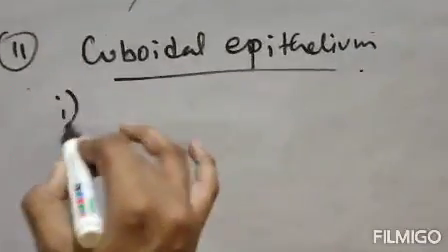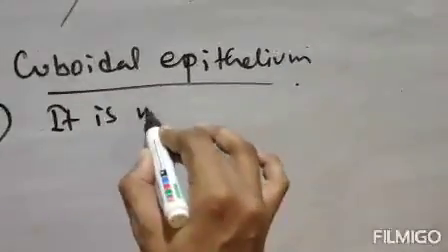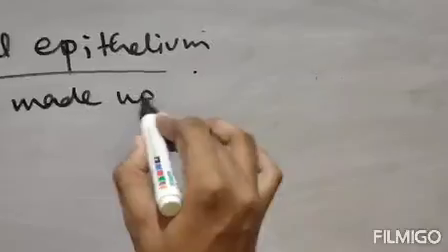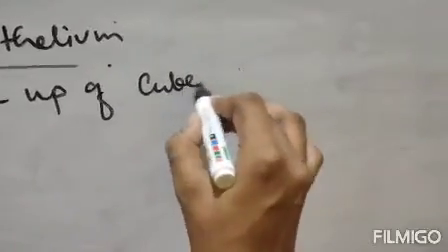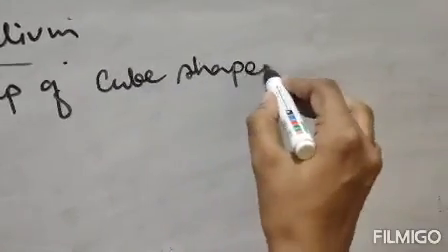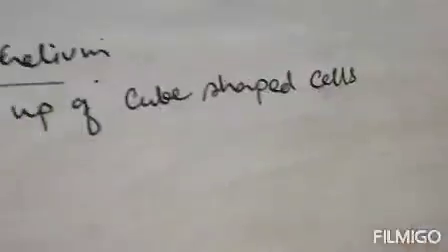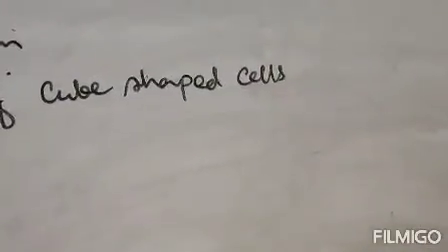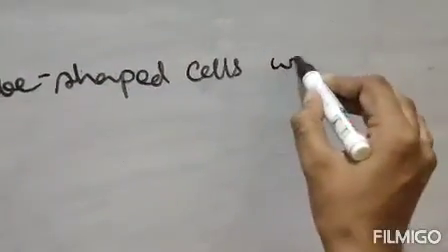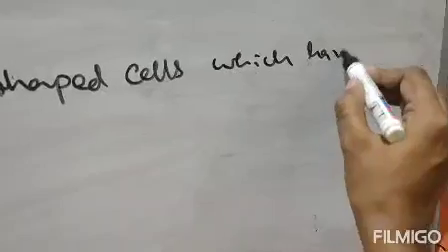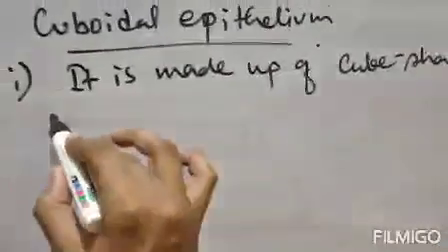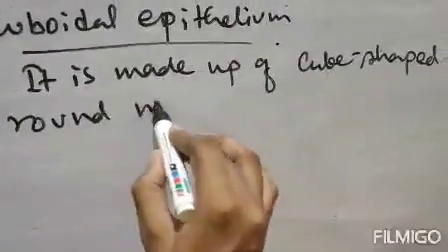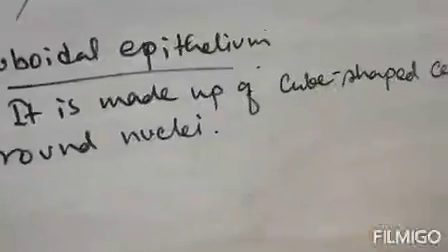So number 1, it is made up of cube shaped cells which have round nuclei.